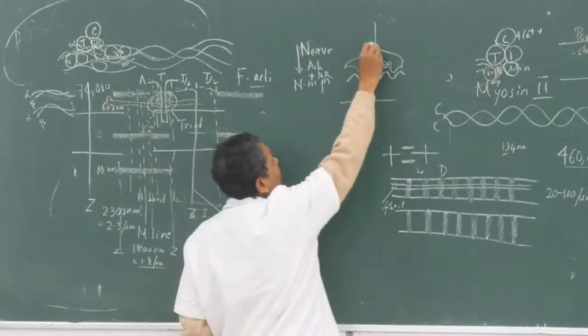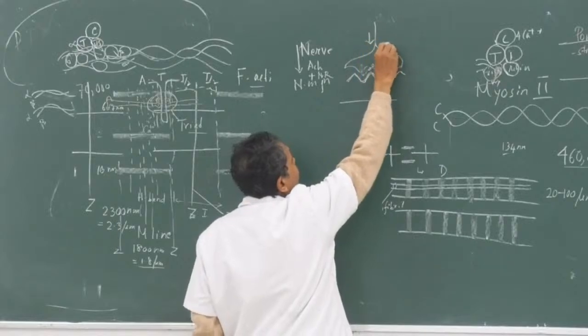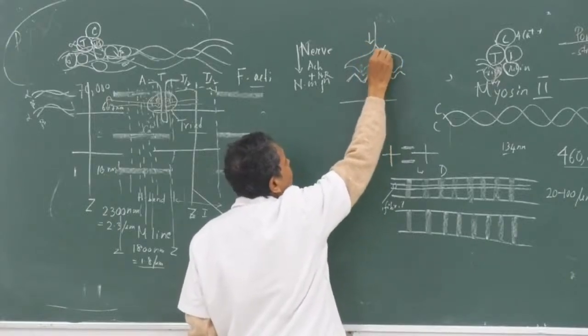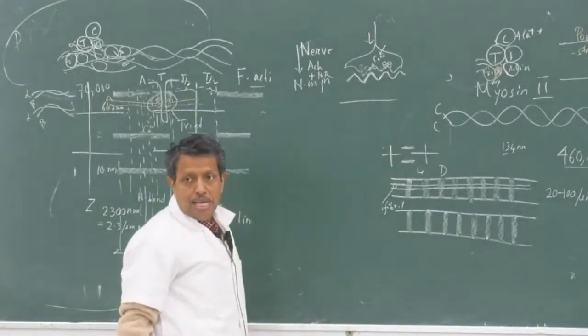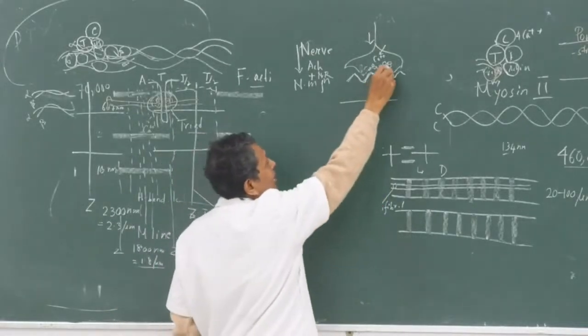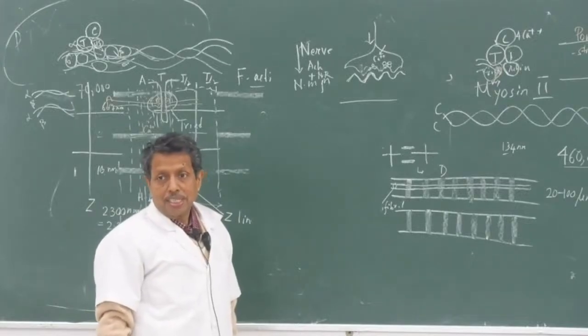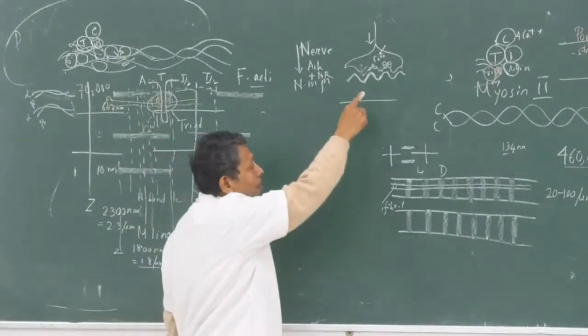And whenever this action potential is coming, there is entry of calcium ion through the voltage gated calcium channels. And there is exocytosis of these acetylcholine containing vesicles, and acetylcholine is available.